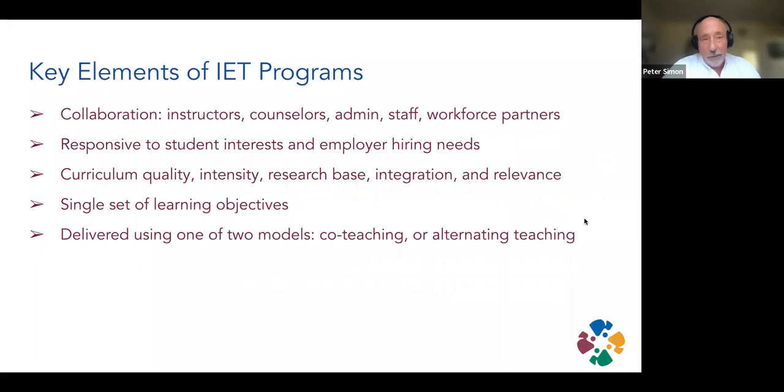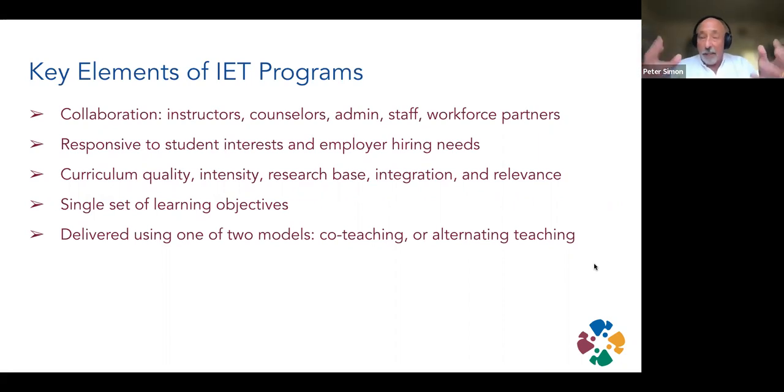So again, very briefly, the key elements present in different variations in all of these IET programs: at the core of it is collaboration. The classic model is two teachers teaching together, but we really want to note that it's not just the teachers who are working together, which is of course very important, but also student services, counselors, administration, and even workforce partners.